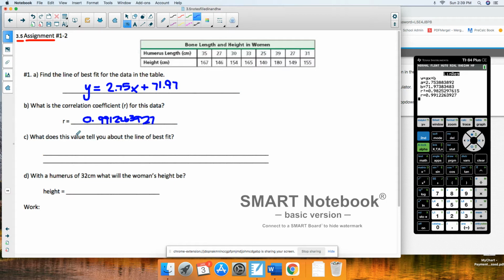And so what does this R value tell you about the line of best fit? It's a positive correlation, which means it's going to have a positive slope. And from that number, it's close to 1.